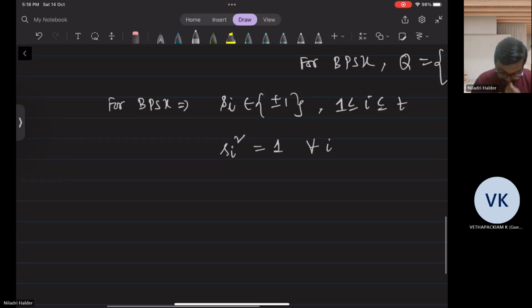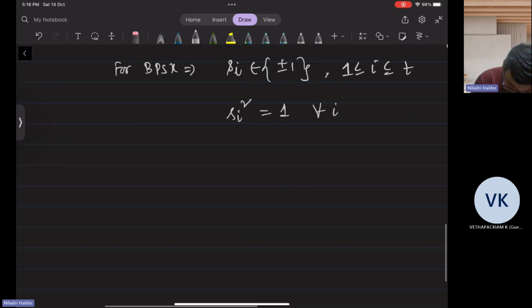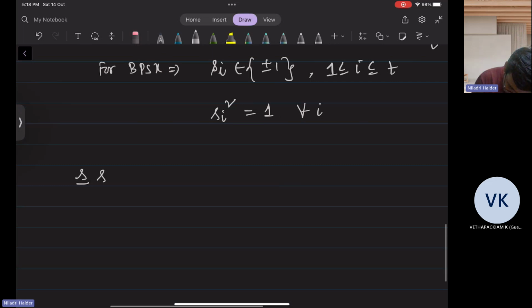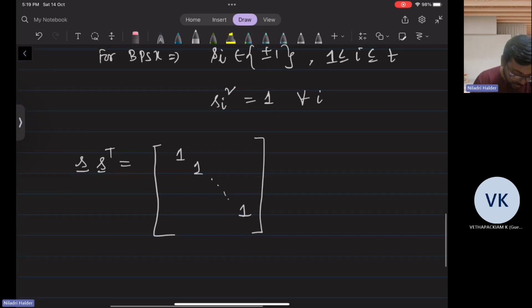So in this case, s times s transpose is a matrix which has ones in the diagonal elements, and the off-diagonal elements are there. So only the diagonal entries are ones.